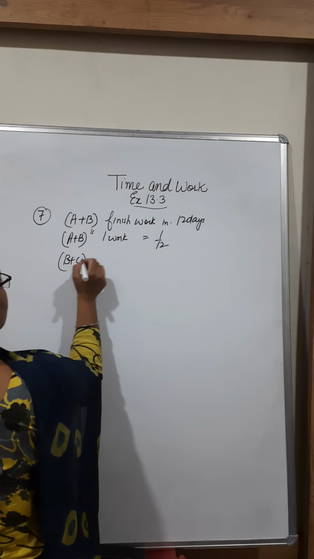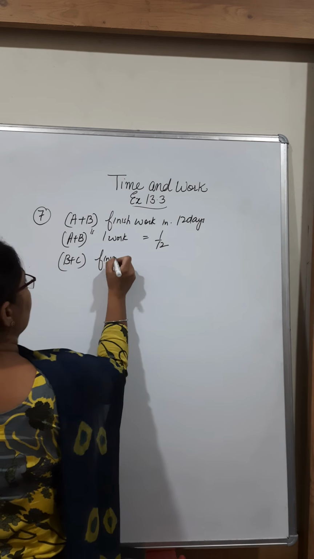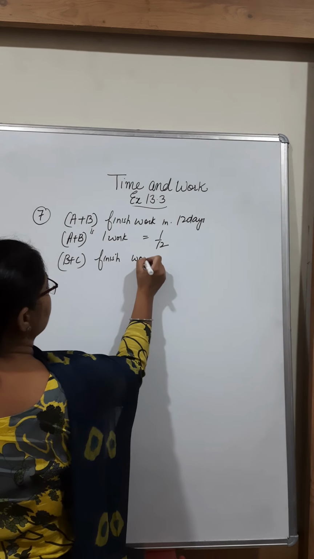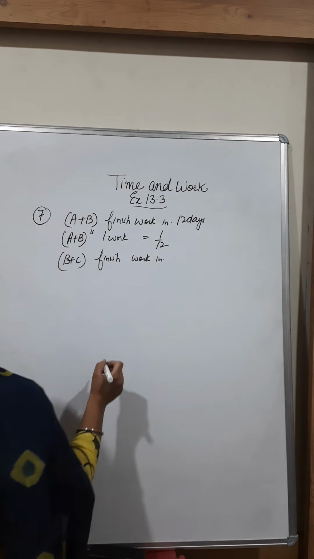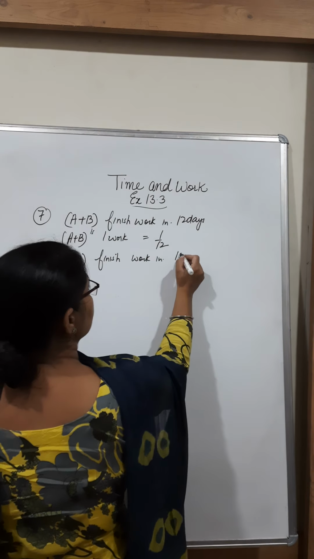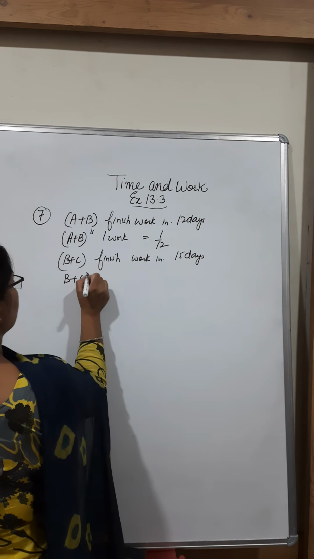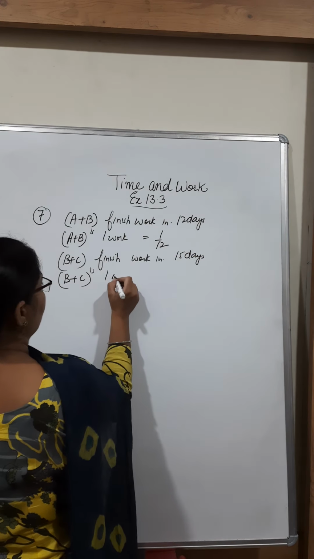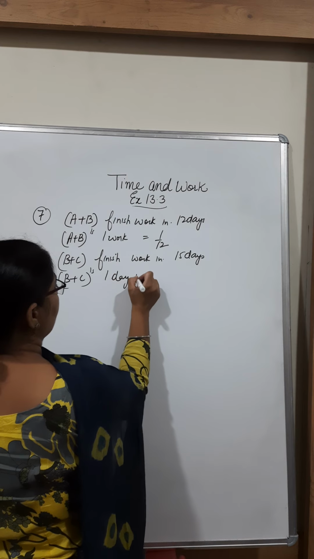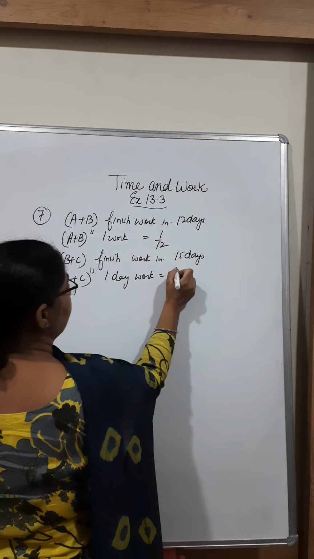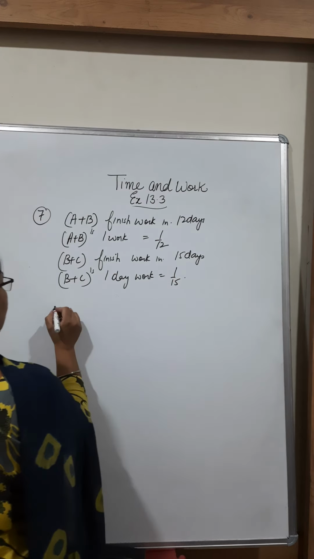B plus C finish the work in 15 days. So B plus C's 1 day work will be equal to 1 by 15.